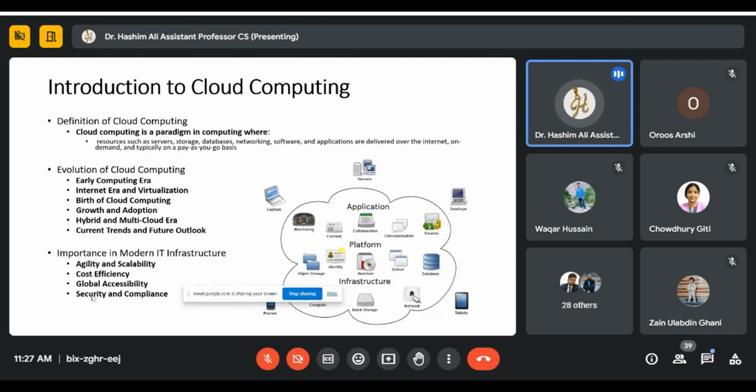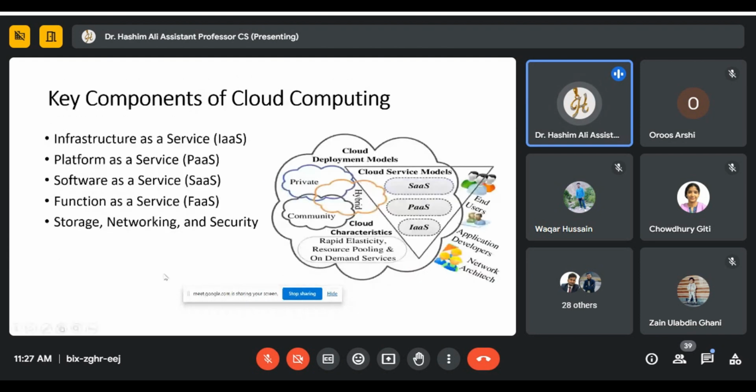So now moving to the second slide of my presentation. The basis of cloud computing, or the key components in cloud computing, are the different cloud deployment models. For example, we have the private cloud and public cloud, and then the combination of both, which we call the hybrid cloud.